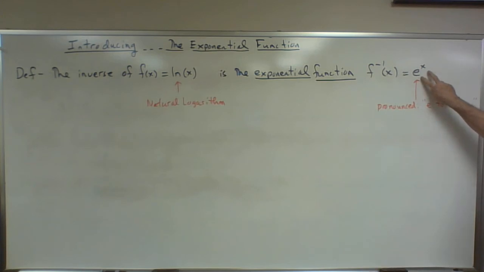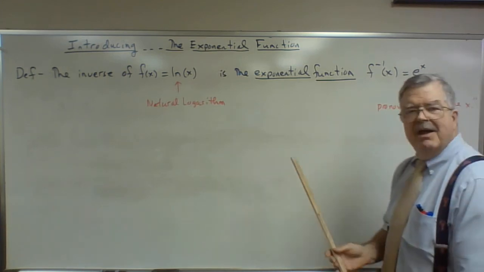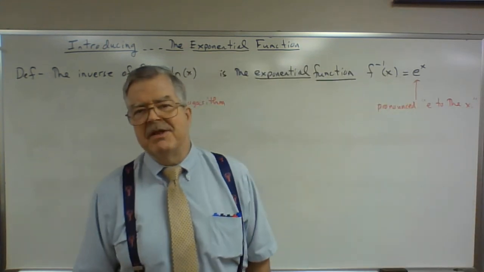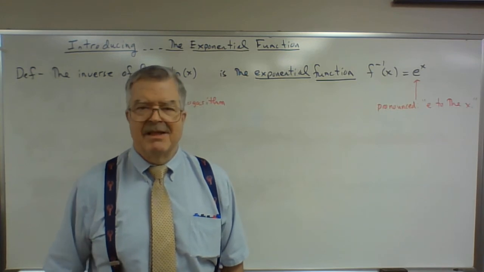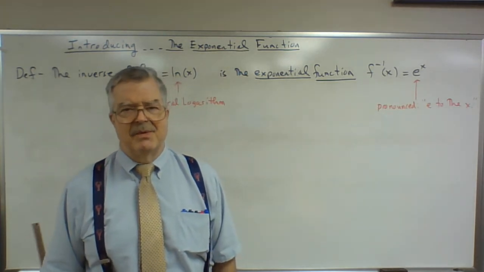So whenever we see this, we're going to say e to the x. Whenever we're talking to somebody who knows something about math and we say e to the x, they'll know exactly what we mean.